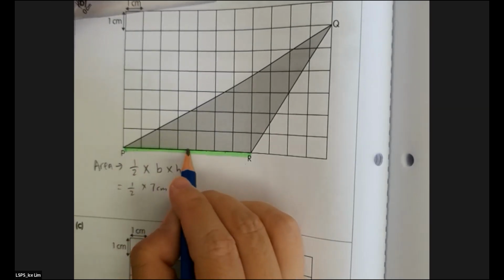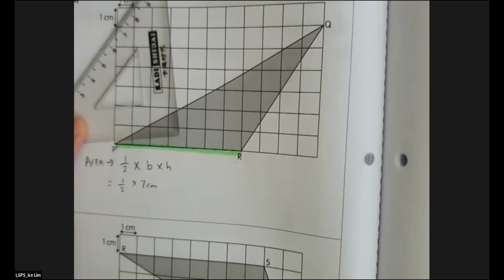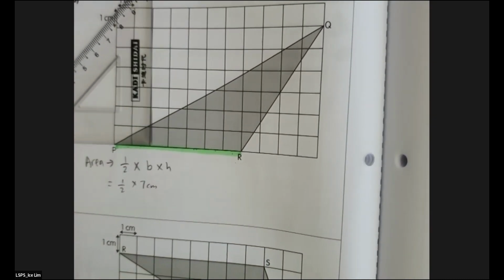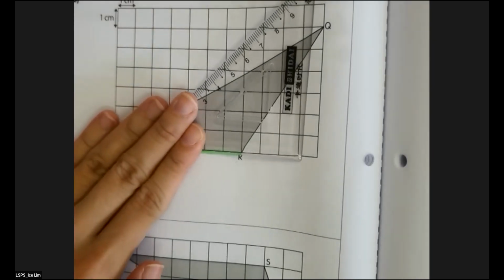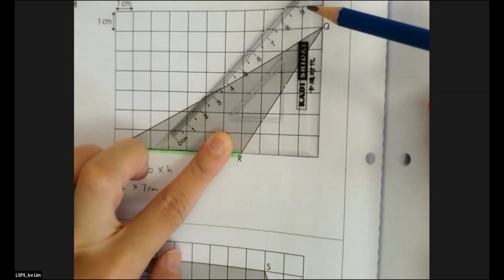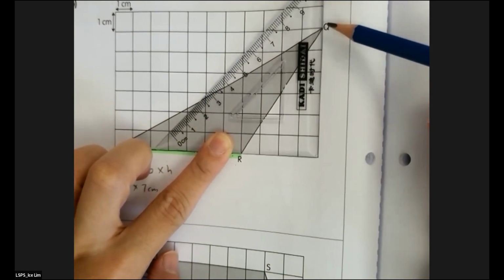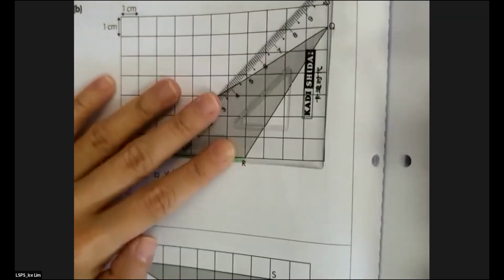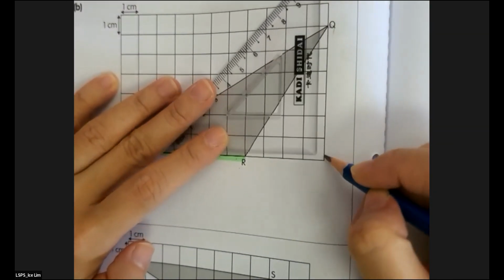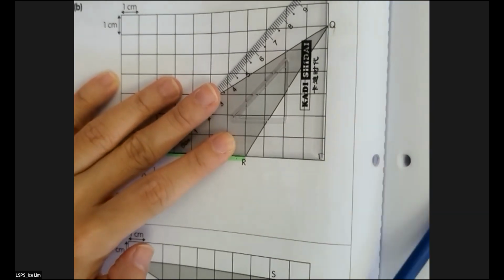Double check. Then I can slide my set square to see where it hits the right angle and the peak of the triangle Q, which is here. So I can mark out the perpendicular right angle here. And then the height will be here.